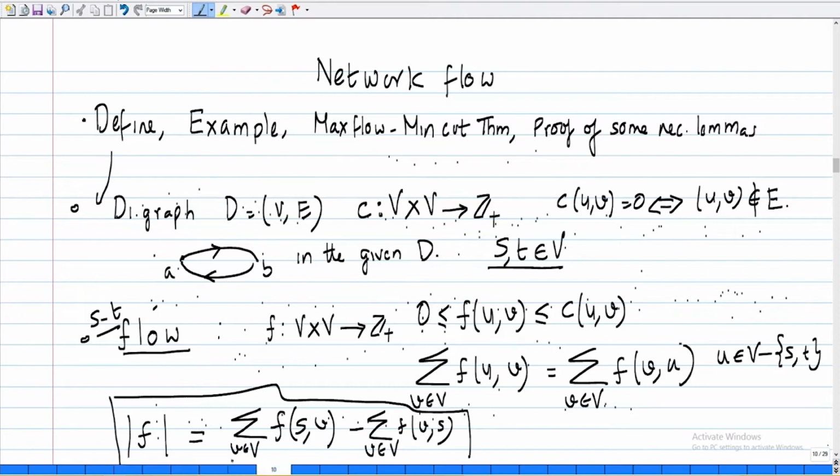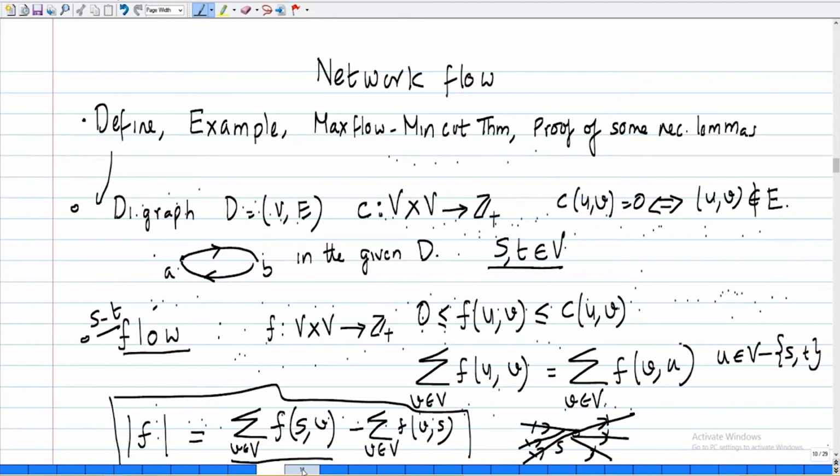If you look at S and you look at the edges which are oriented out of S and the edges which are oriented into S, the value of a flow is the sum of the flow on the outgoing edges, minus the sum of the flow on the incoming edges. That's what this term basically says.